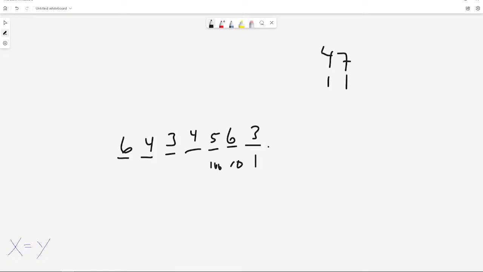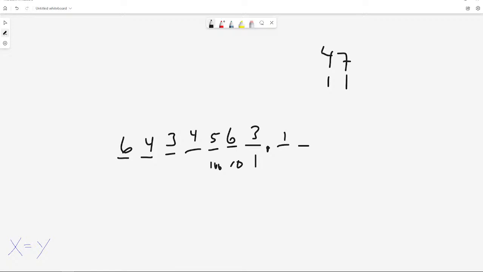Now, conversely, the number gets smaller as you go from right to left. So 63 is definitely smaller than 6,400,000. But the number can keep going smaller.